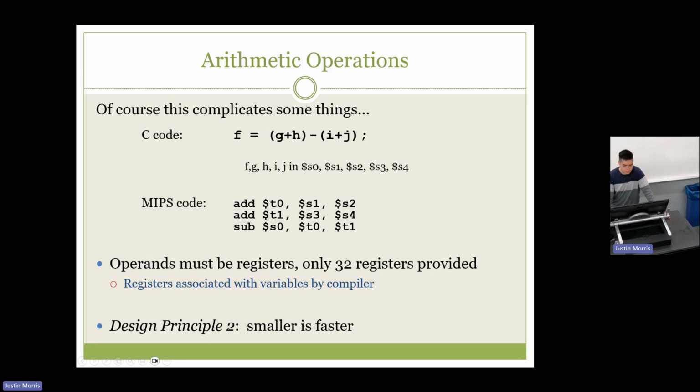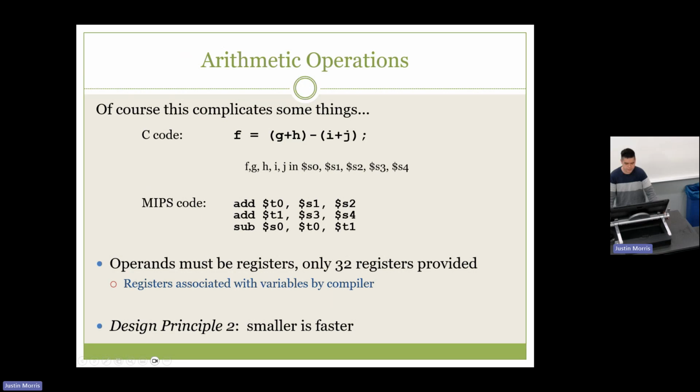The MIPS code for this would be add into T0, so our temporary, S1 and S2. So S1 and S2 are G and H, right? So G plus H is basically this temporary register. Add into T1, S3, S4, that's I and J, right?